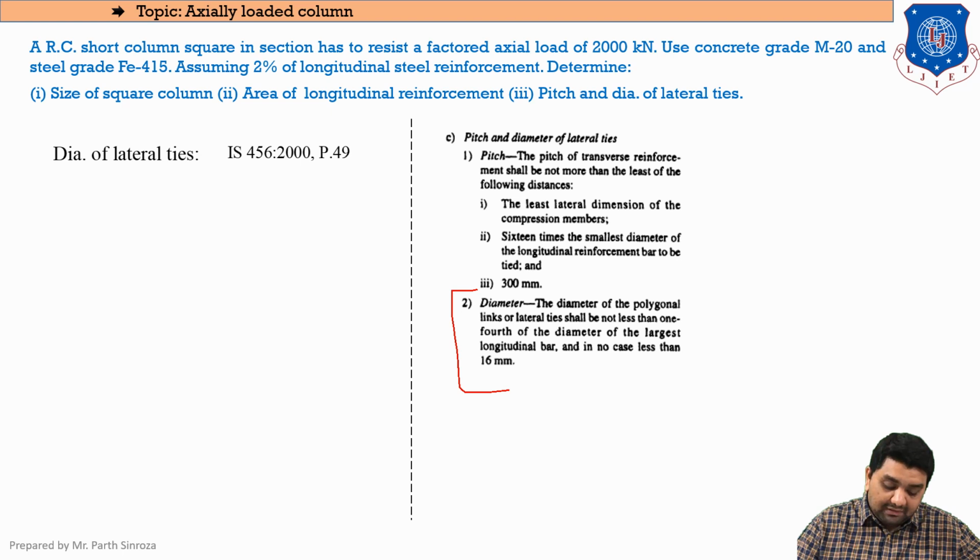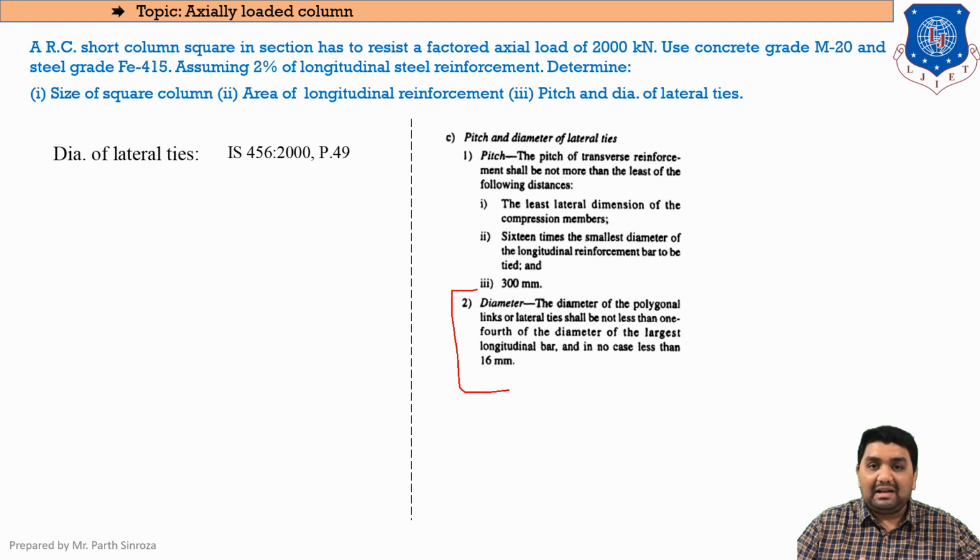It is mentioned that the diameter of polygonal links or lateral ties, in this case our lateral ties, shall not be less than 1/4 of the diameter of the largest longitudinal bar. So there are certain criteria mentioned here, and we need to focus on the cases. The first case is that it should not be less than 1/4 of the diameter of the largest longitudinal bar.